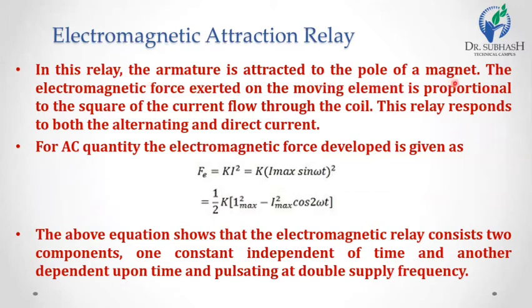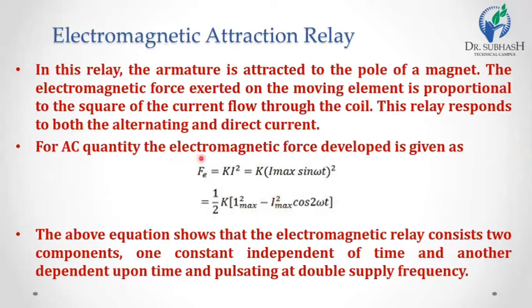The electromagnetic force exerted on the moving element is proportional to the square of the current flowing through the coil. This relay responds to both alternating and direct current, meaning it is used with AC or DC quantity, whatever we can apply.